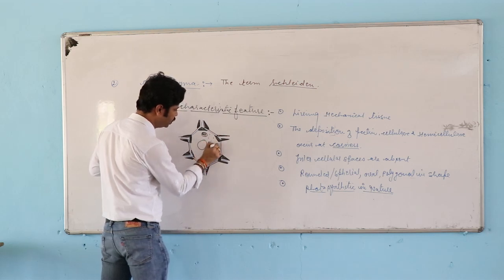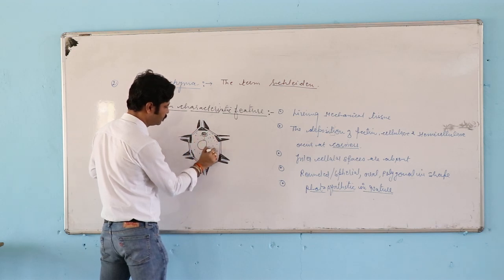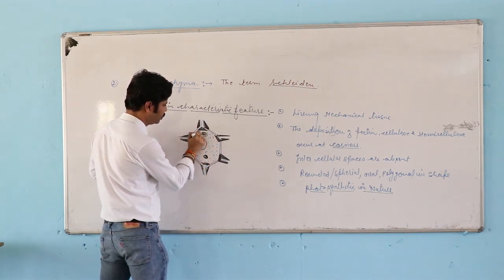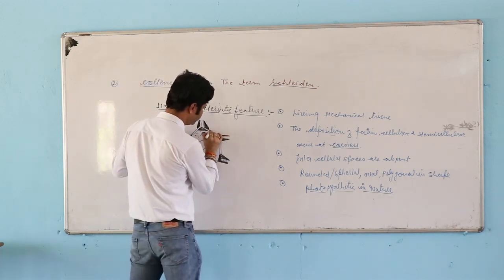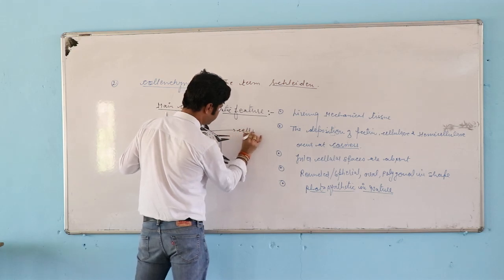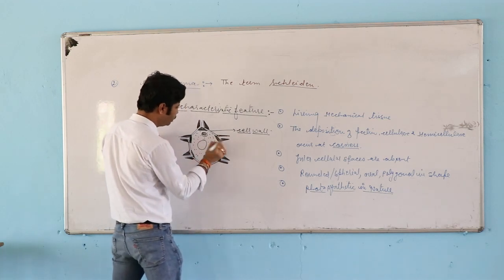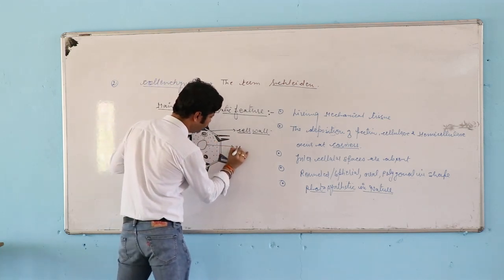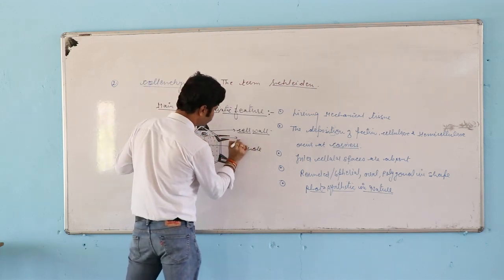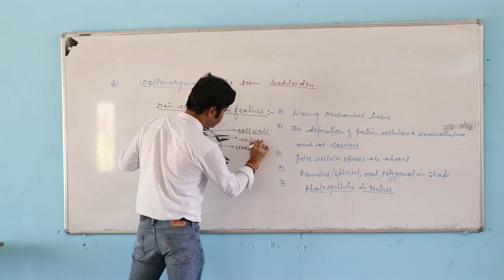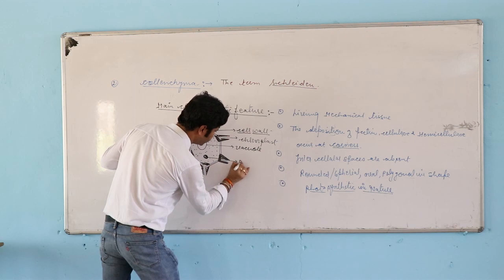This is the cytoplasm. This one is the cell wall, a pectocellulose cell wall. This one is vacuole. This one is chloroplast. And this one is nucleus.